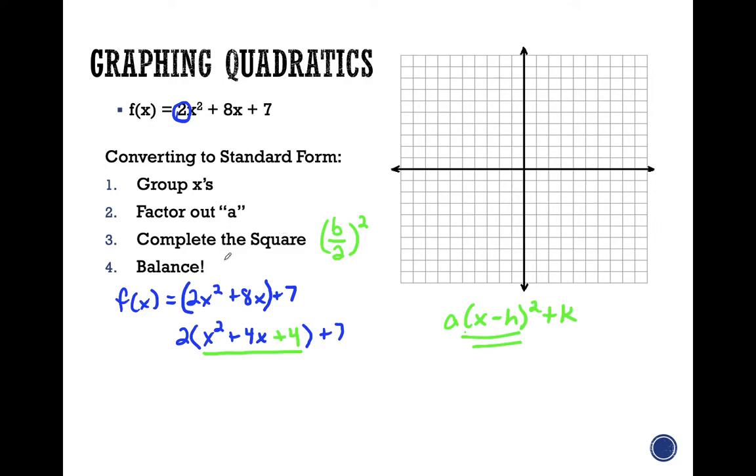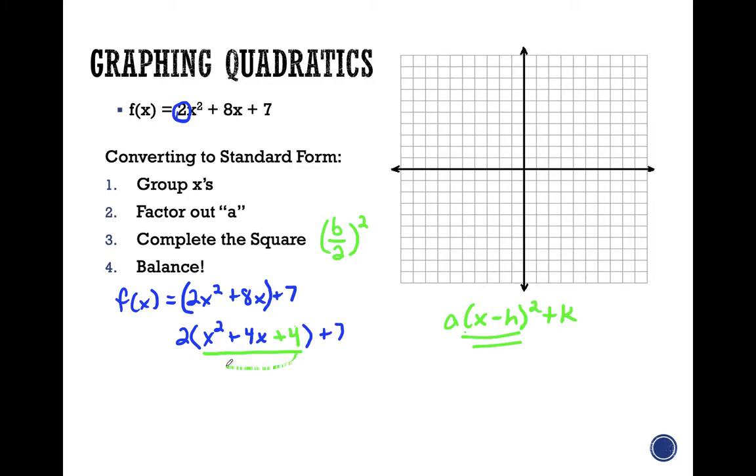Now our next step: we can't just add anything into an equation. We've actually changed the equation unless we balance that somewhere. We think about when we're solving equations: we subtract things from both sides, or add things to both sides, or multiply both sides by the same thing. So I need to keep this in balance. Here's where we have to be careful: I didn't actually add a 4 into the equation.